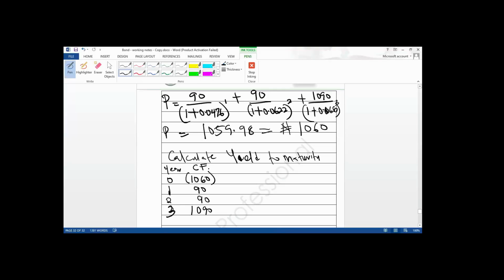Discount rate, let's say 10%. This is 1, 0.909, 0.826, 0.751. Get your present value.